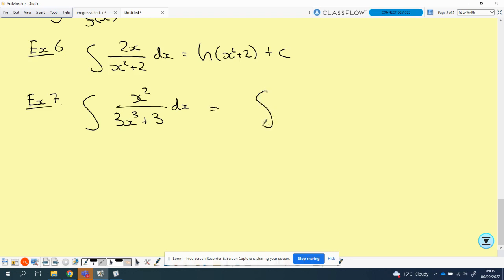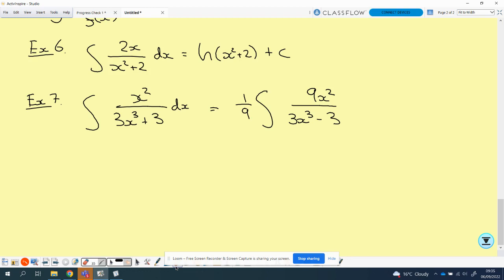So how can I do this? Well, it'd ideally be nice if I did have a 9x squared on the top. Okay, so I've multiplied that numerator by 9. But if I multiply a numerator by 9, that means I need to multiply a denominator by 9 to keep it the same, because 9 over 9 would be 1. So how I can do that is take a ninth of it all. Oh, good spot, good spot.